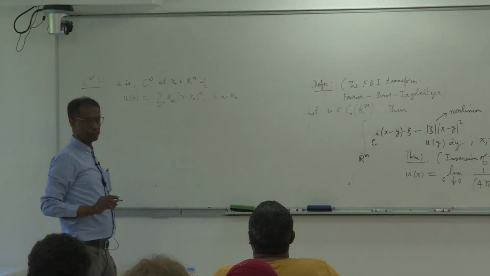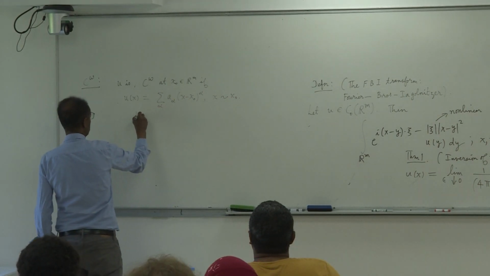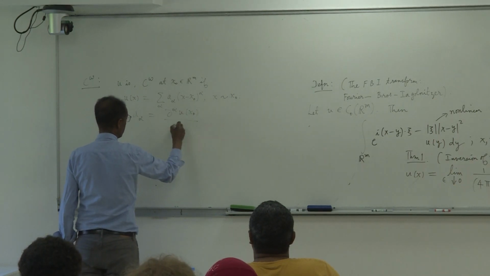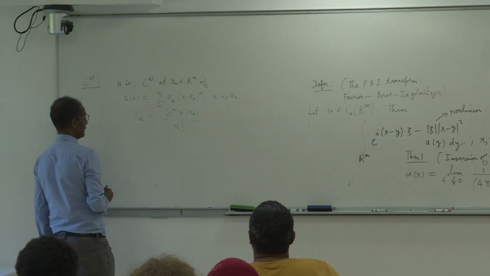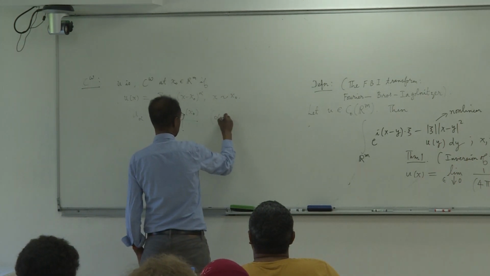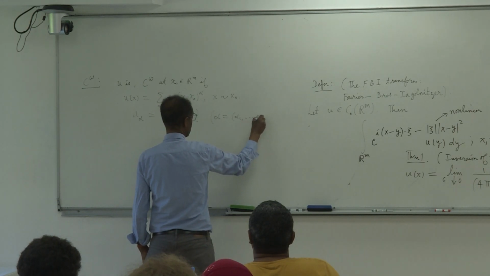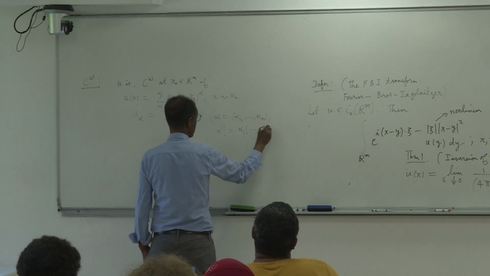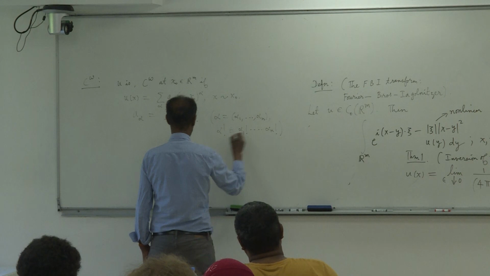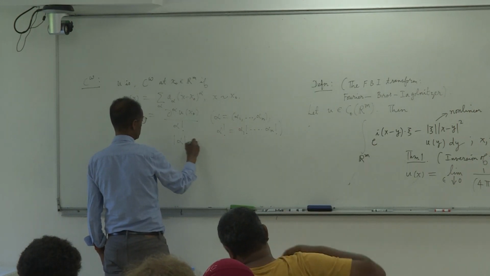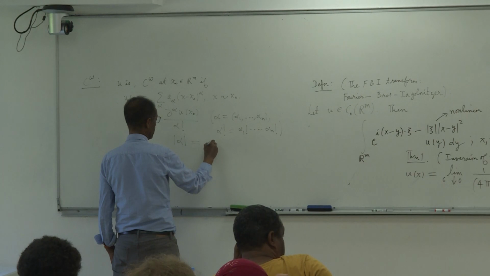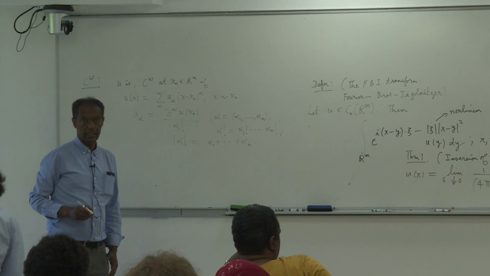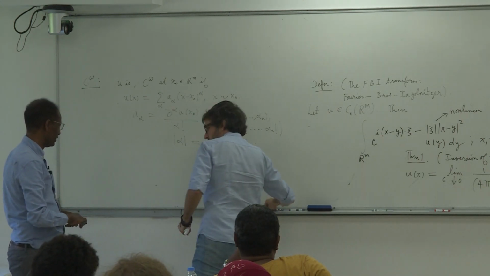The a alpha are then determined by the derivatives of u at x naught. Here alpha is a multi-index, and alpha factorial by definition means the product of the factorials of the components. Sometimes I use the notation of the norm of alpha, which means alpha 1 plus through alpha n.